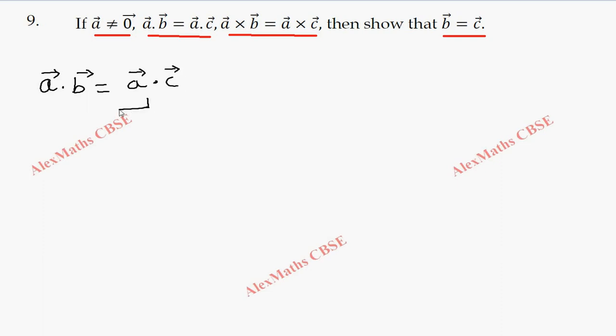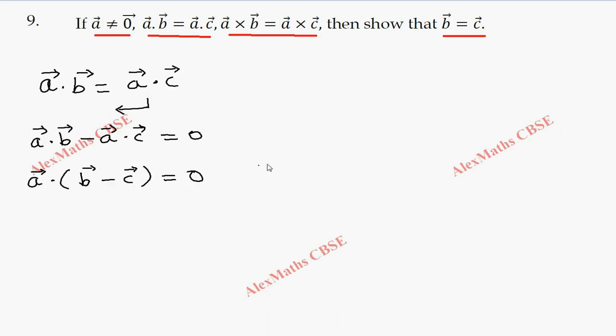From this, I take this term to the other side, so it becomes a vector dot b vector minus a vector dot c vector equal to 0. Now we can take a vector common, so a vector dot bracket b vector minus c vector equal to 0.